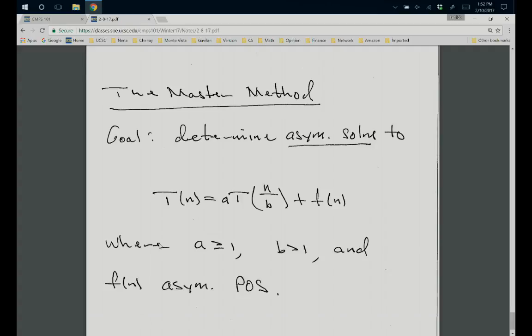Now, I'm comparing a polynomial, n to the 1, to another polynomial, n to the power log base 4 of 5. What's bigger, 1 or log base 4 of 5? What's bigger, 4 or 5? 5. So what do I have to raise?